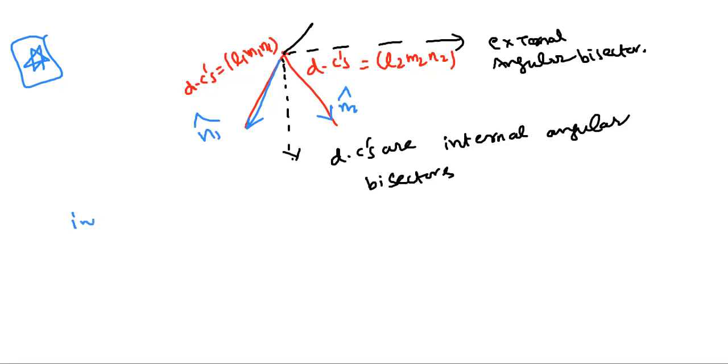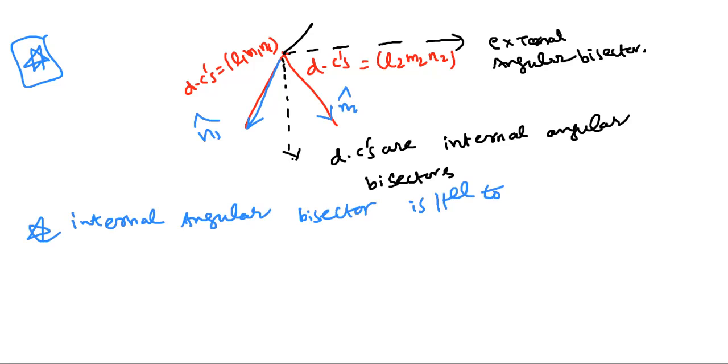Clearly the internal angular bisector is parallel to N1 cap plus N2 cap. Therefore, the unit vector in the direction of the internal angular bisector, that is nothing but the DCs of the internal bisector, a very important derivation.